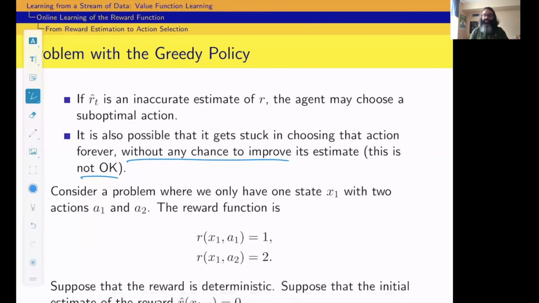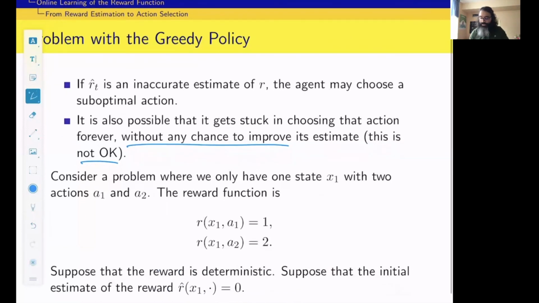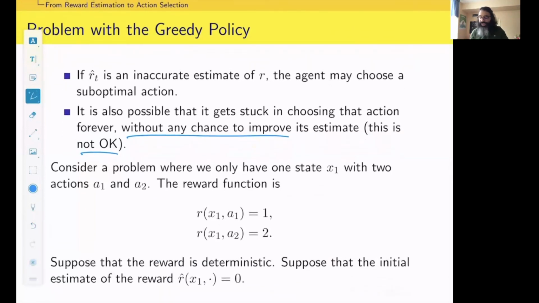I'll give you a simple example. Suppose we have a problem with one state and two actions, A1 and A2, and the reward function at that state is defined like this. For action A1, we get reward 1, a positive reward. For action A2, we get reward 2. So choosing action A2 is preferable to action A1.